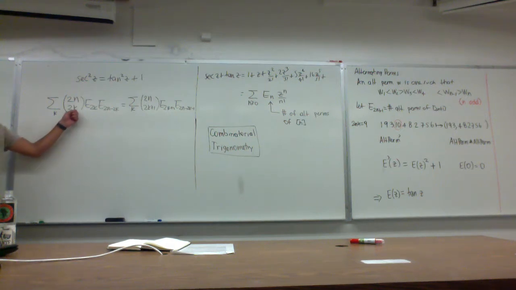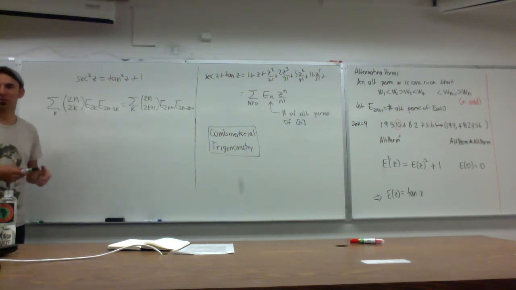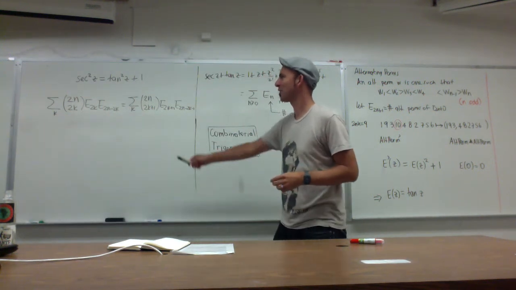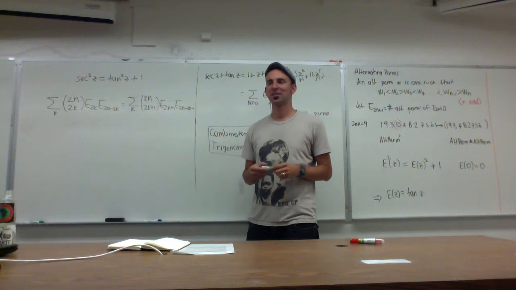That's the combinatorial formulation of this identity. And this is a perfectly fine combinatorial identity that you could try to prove. And actually, you can prove it. It's possible. And then you will have a combinatorial proof of this identity.